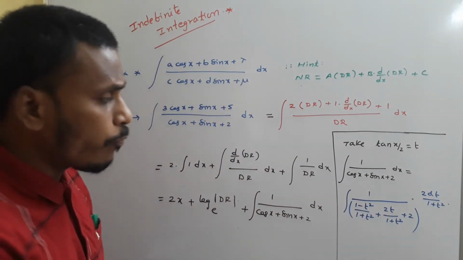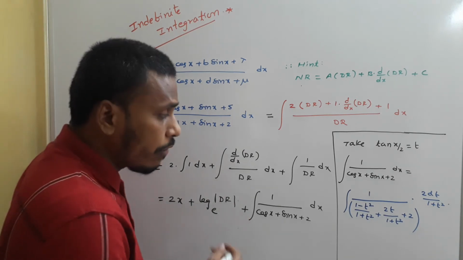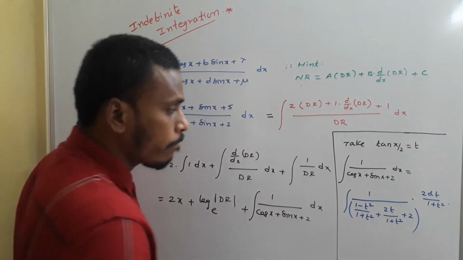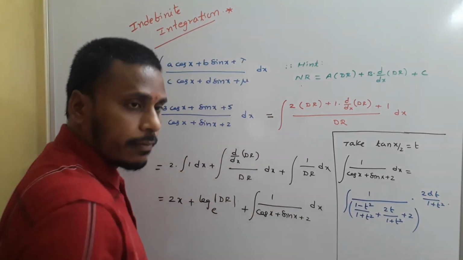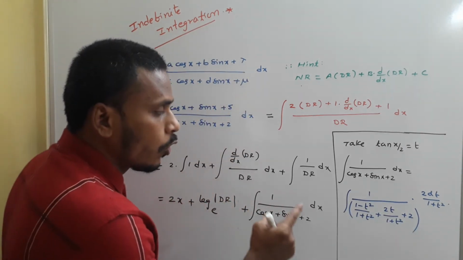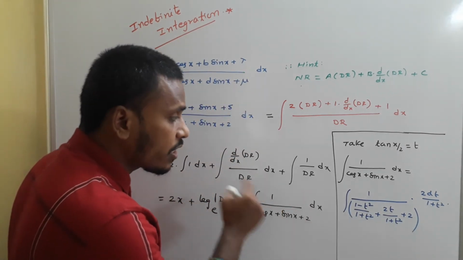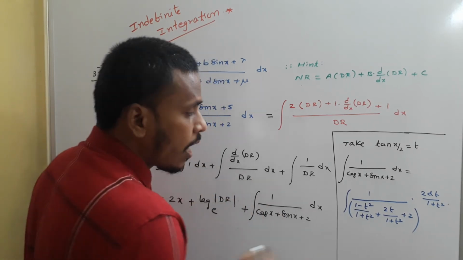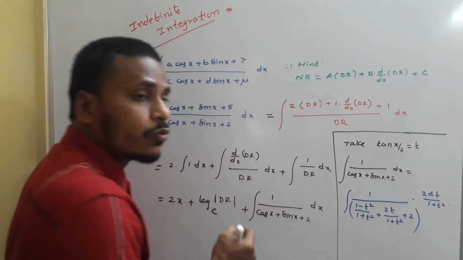We already did this type of problem in the last point. Simplifying, 2 plus 2t square, then 2t square minus t square is t square plus 2t plus 3, and the 1 plus t square gets cancelled.